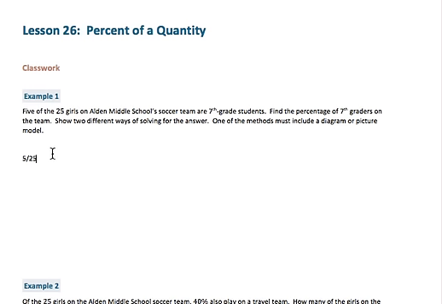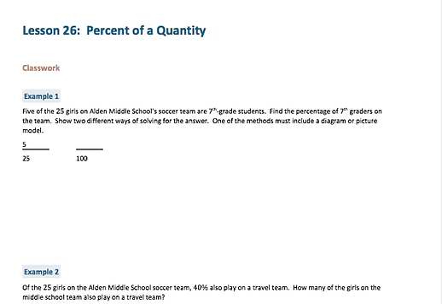So to make an equivalent fraction, we would need something out of 100. In looking at these two fractions, what we need to do is determine what we can do to 25 to get 100.